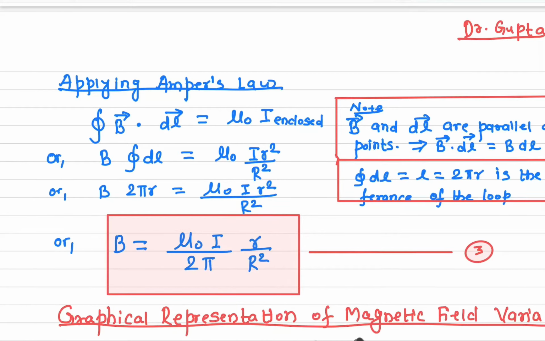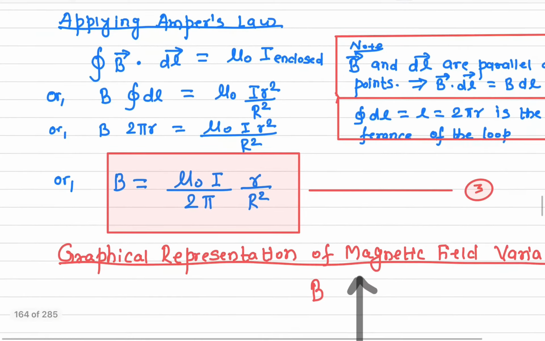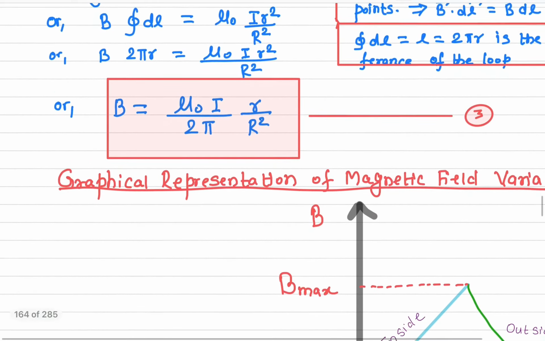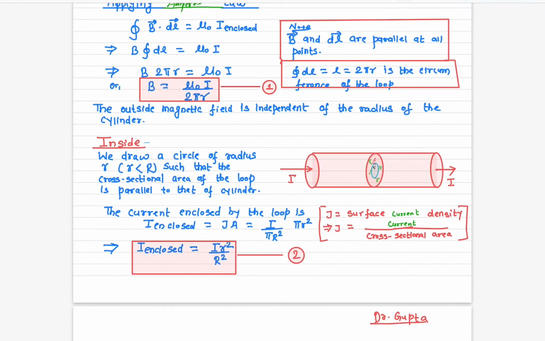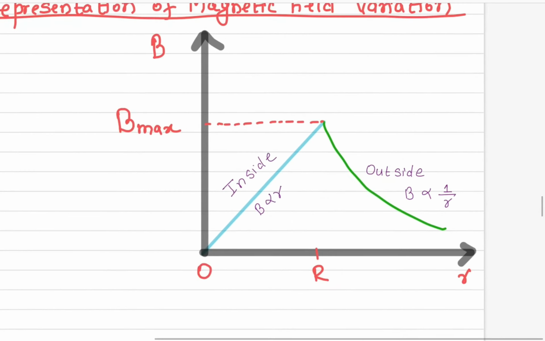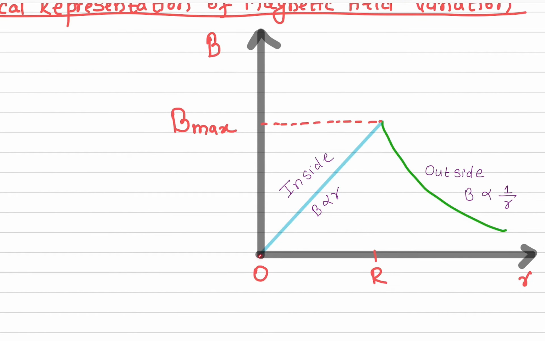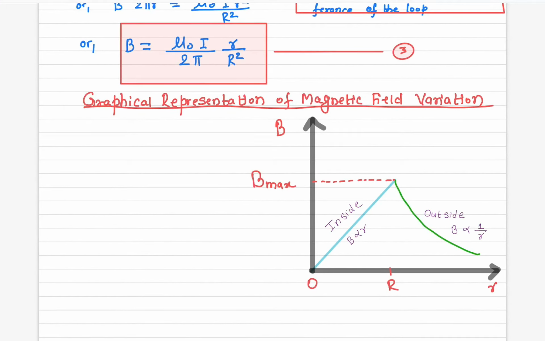And now the magnetic field inside the cylinder depends upon the radius r. So if I plot this graph, this is how it varies. Inside, the magnetic field varies linearly; it is directly proportional to r.